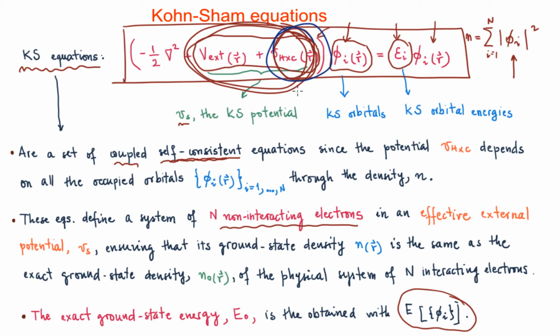But that's going to be for next. Once we have a good approximation for that, then we can build these equations that we need to solve in order to get the ground state properties of the physical system.